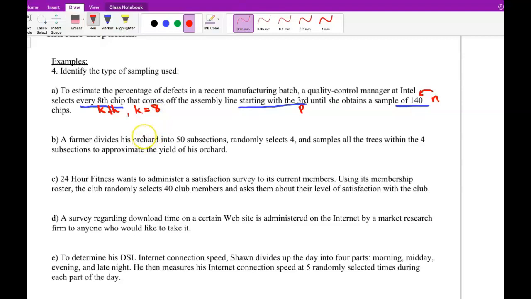This means we're going to use systematic sampling. So the type of sampling here is systematic, and it's every 8th chip.